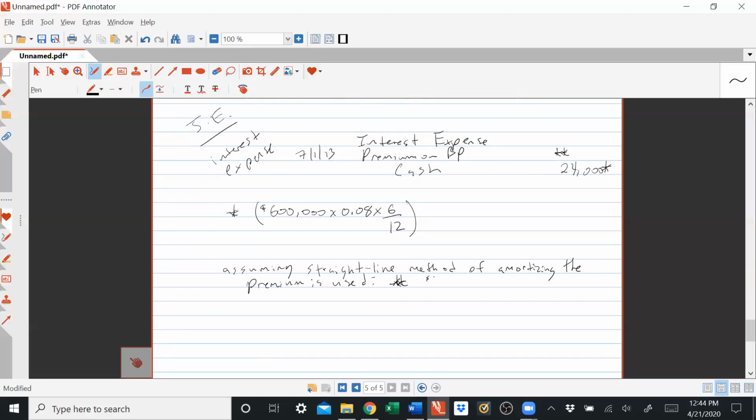You just take the starting balance in the premium account and you divide by the number of interest periods. So it's a 20-year bond.